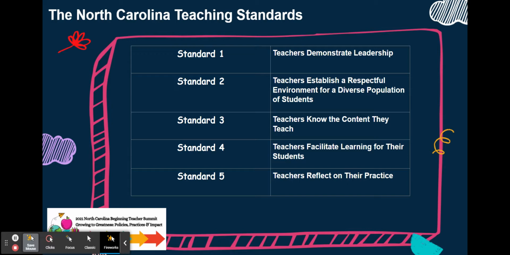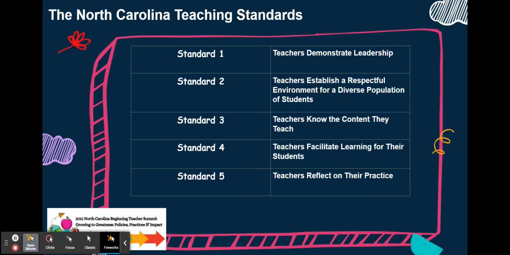Standard number 1: teachers demonstrate leadership. I call this the classroom standard. This standard deals with you leading in the classroom, demonstrating your leadership, and also advocating for your students and your school, learning more about policy, being a change agent, and speaking up when you see opportunities and avenues to make a difference.